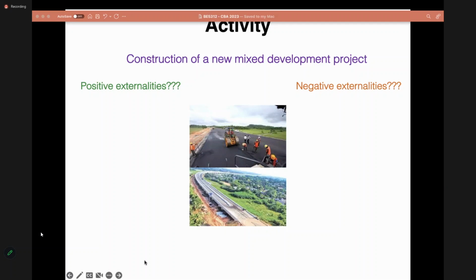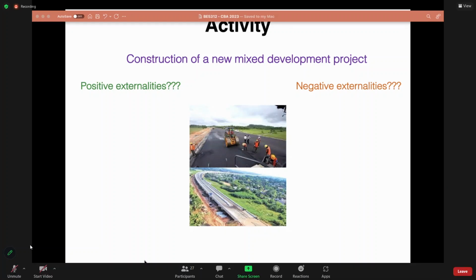Since I remember most of you are from the construction side, are there any negative externalities? It doesn't have to be a big project like that, even a small construction project. Yes, Jayanta, you were going to say something? Environmental.